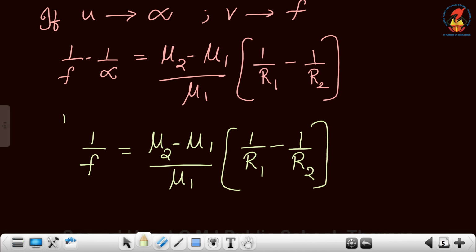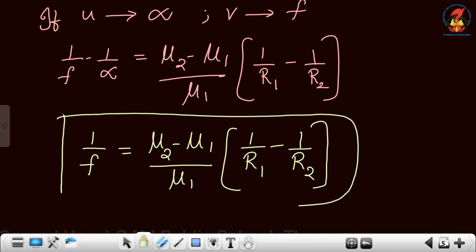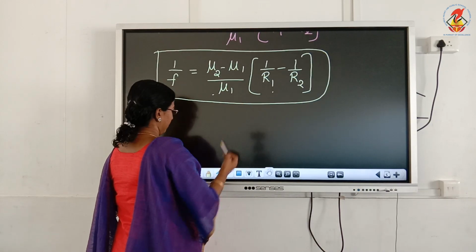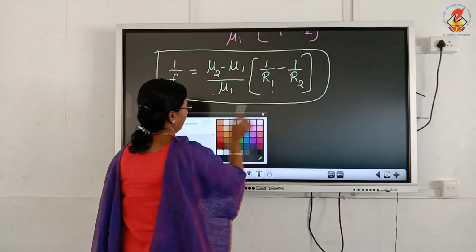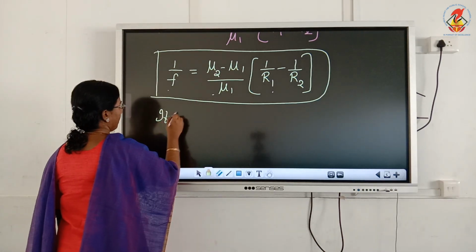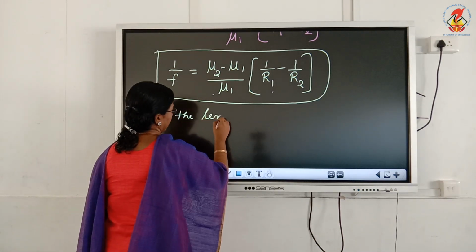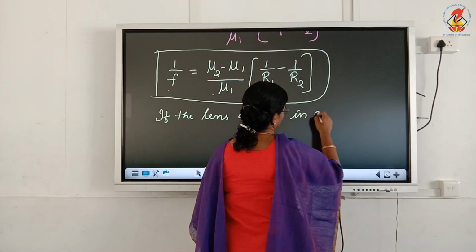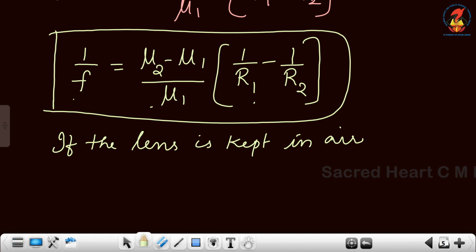Now, this is the lens maker's formula which relates the focal length with refractive index and radii of curvature of the lens. Now, imagine a special condition if we are keeping the lens in air. Okay, if the lens is kept in air, you all know the refractive index of air is 1.